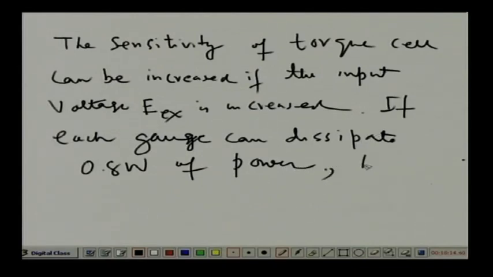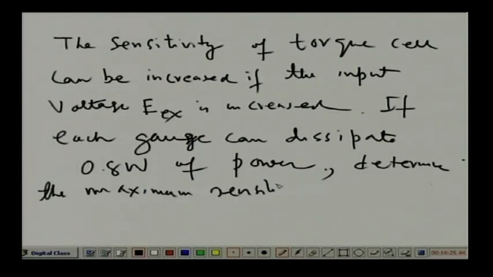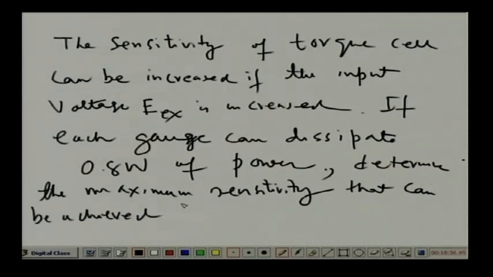Determine the maximum sensitivity that can be achieved without damaging the strain gauge.